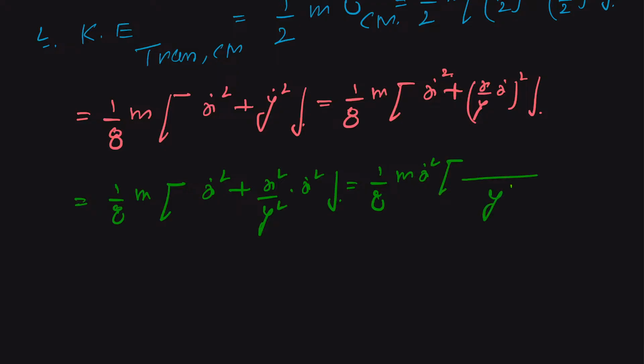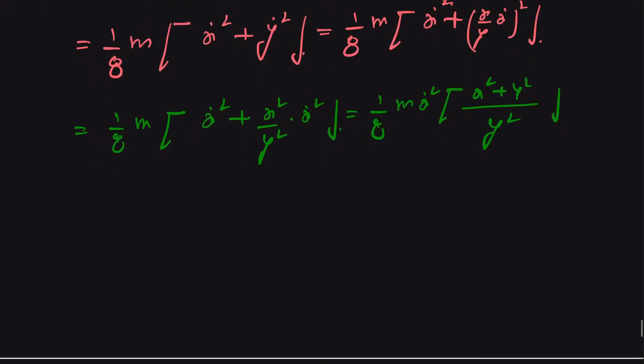So we have our y square plus x square upon y square, and x square plus y square is our 4l square. So we get this will be equal to 1 by 8 m x dot square times 4l square upon y square, and this 4 goes by 2.